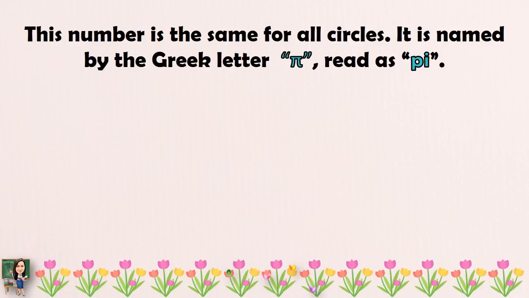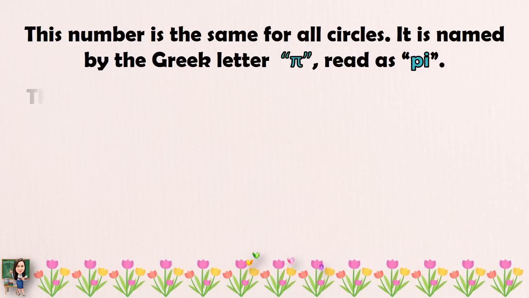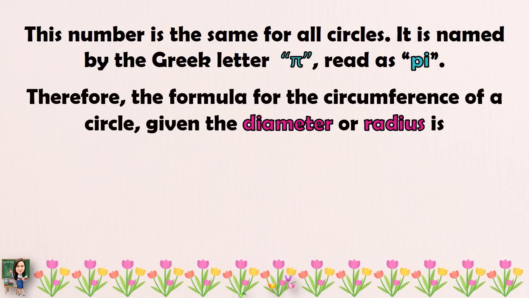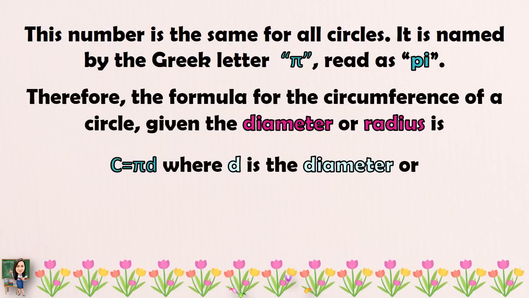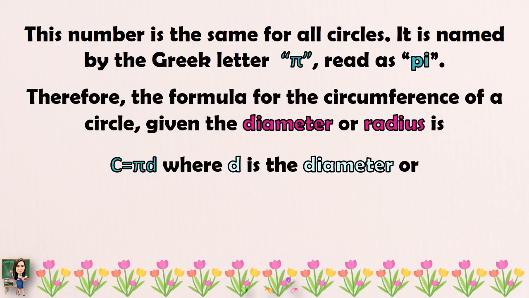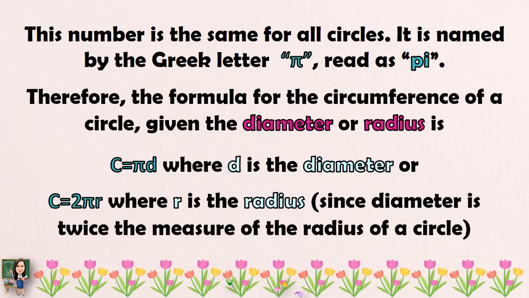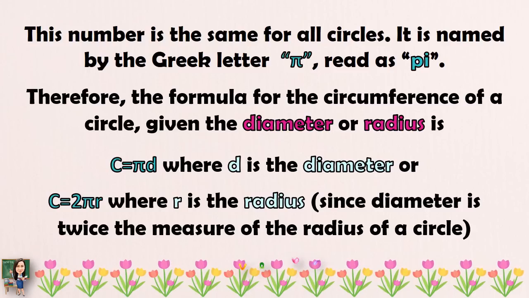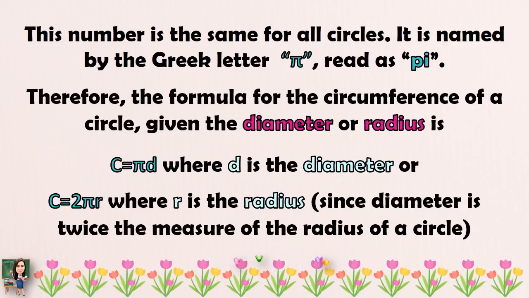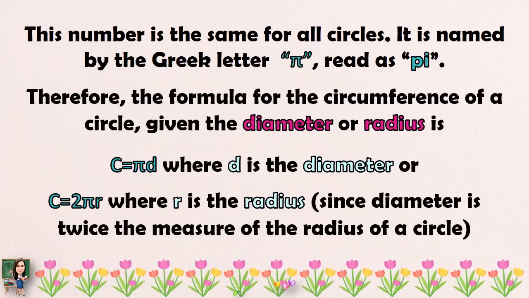It is named by the Greek letter pi. Therefore, the formula for the circumference of a circle given the diameter or radius is C equals pi d, where d is the diameter, or C equals 2 pi r, where r is the radius, since the diameter is twice the measure of the radius of a circle.